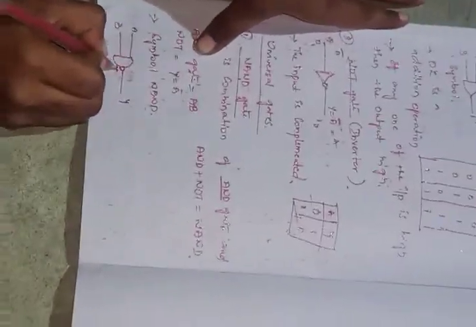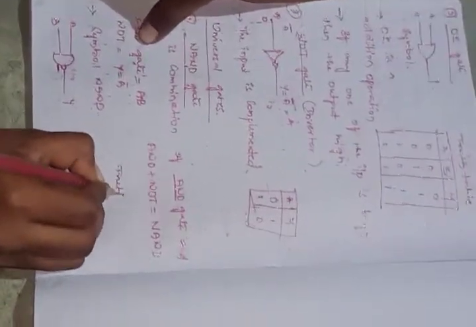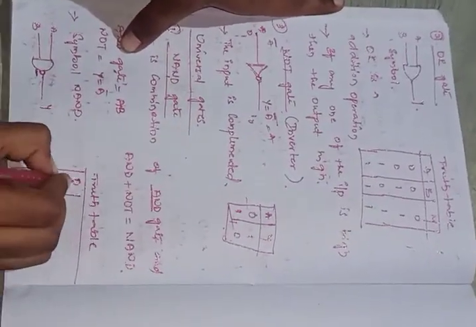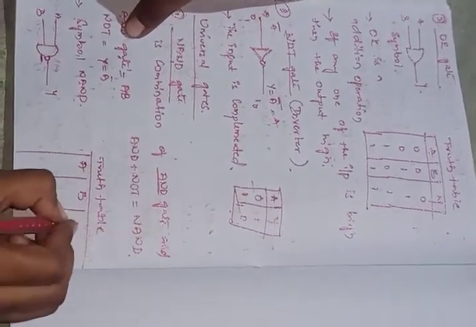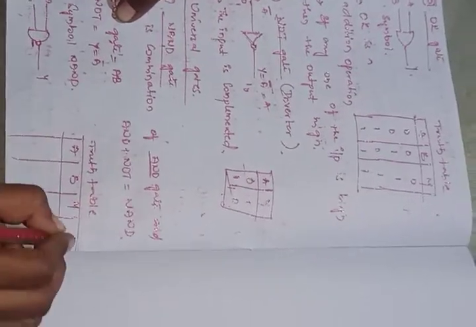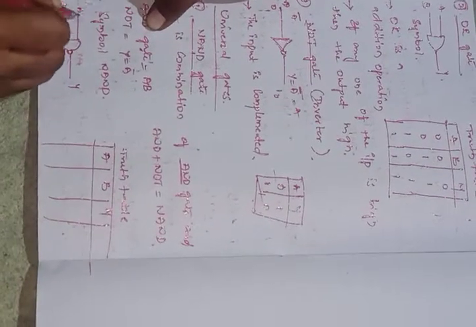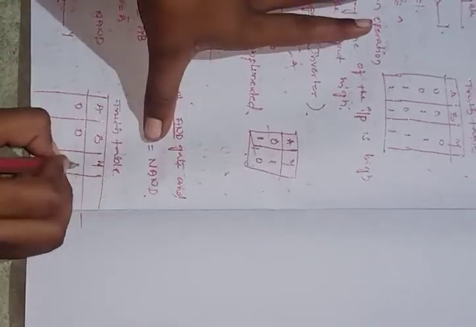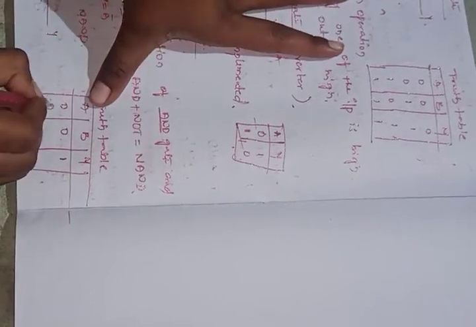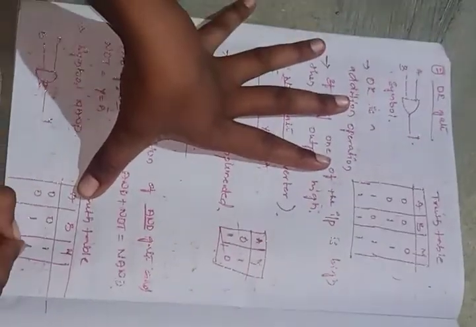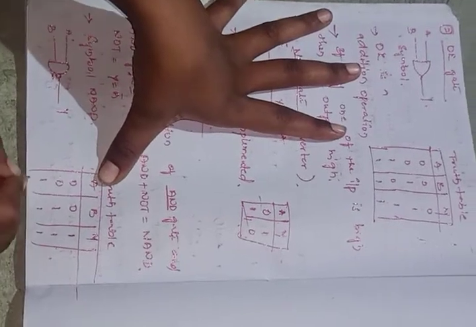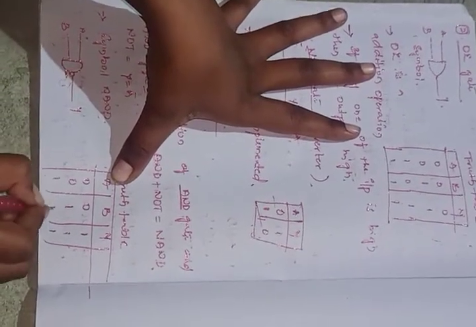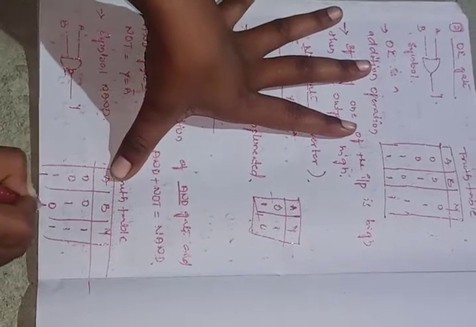So the truth table of NAND gate: A, B, Y. If we give inputs as 0, 0, the output is 1. 0, 1, output 1. 1, 0, output 1. 1, 1, output 0.